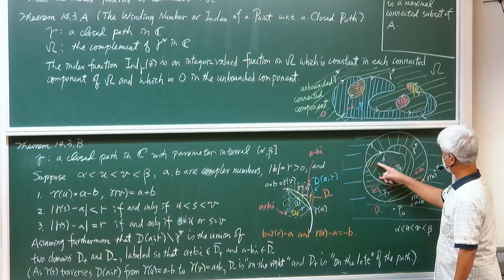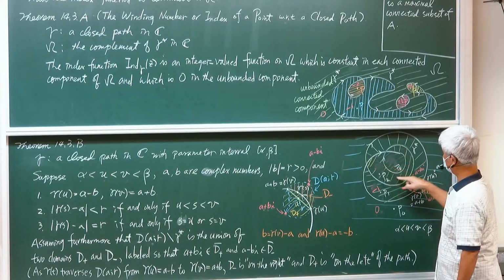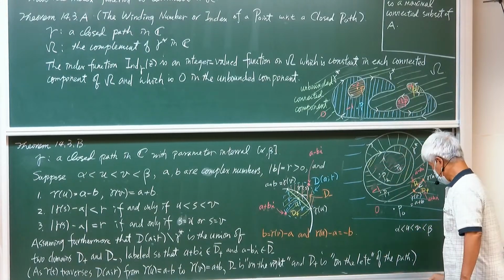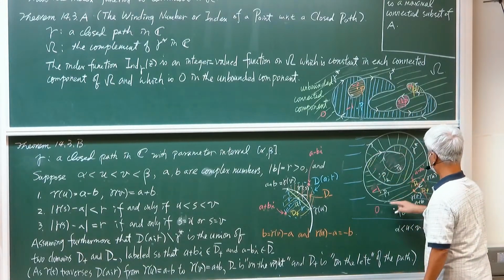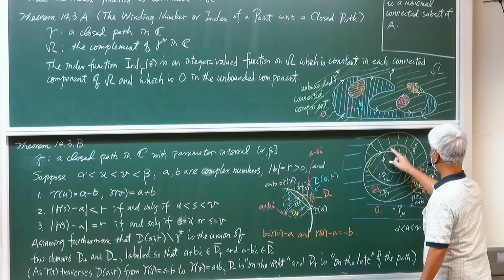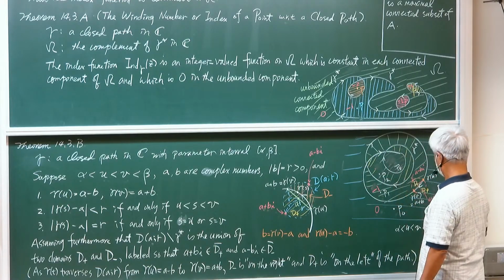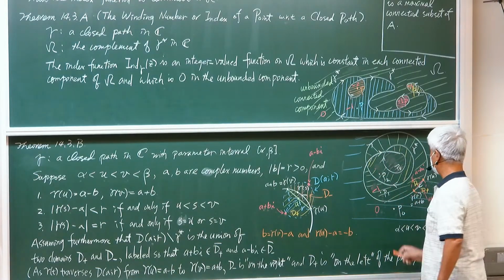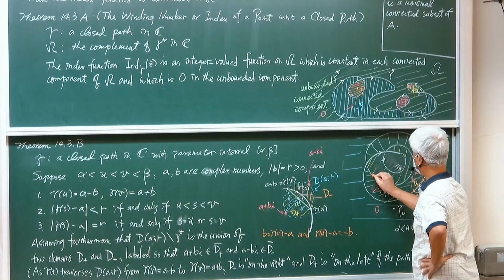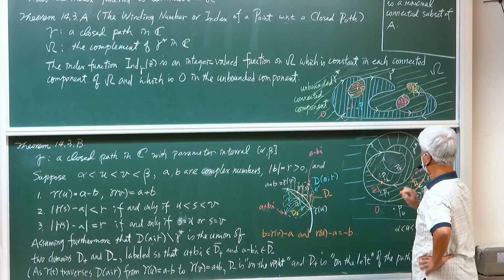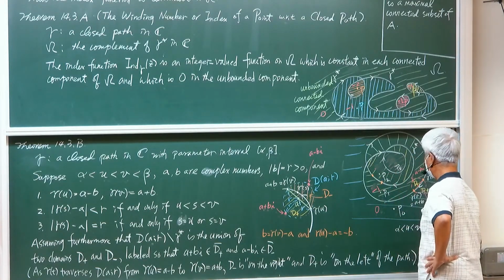Now, to determine the index in this region, the yellow region, we select an arc. This time we select these 2 points, and the direction will be here.